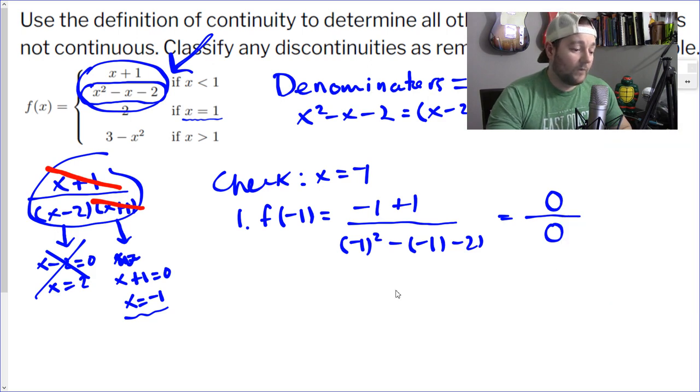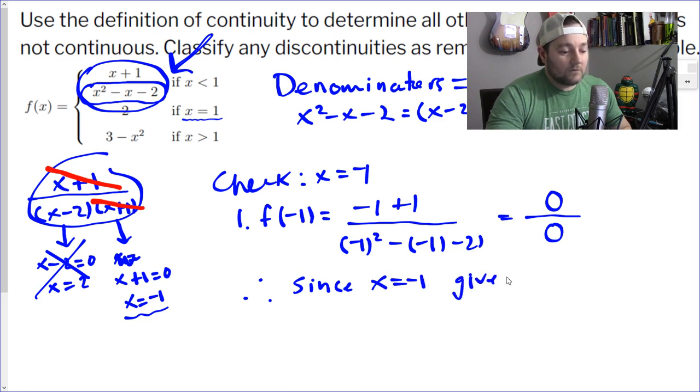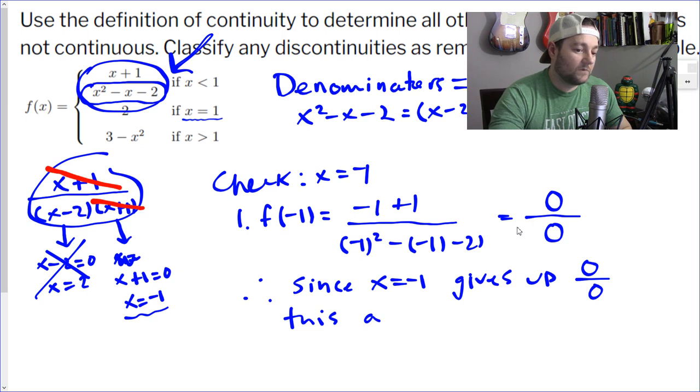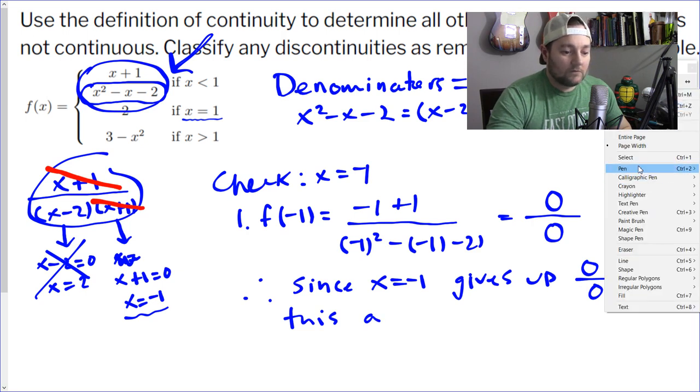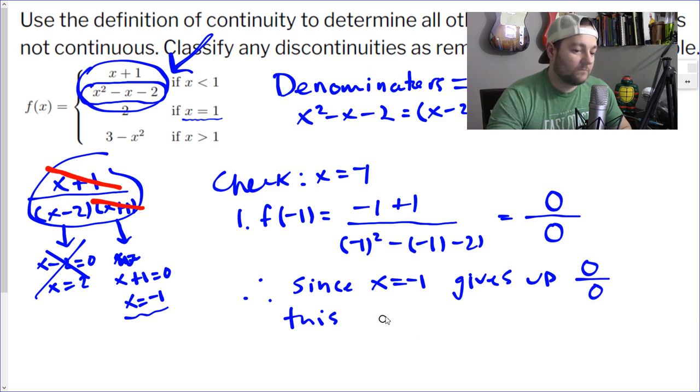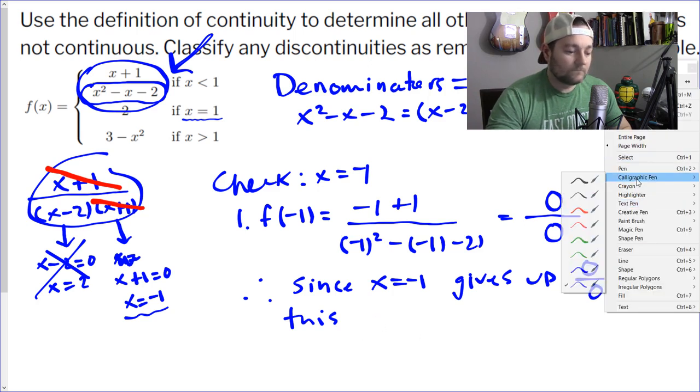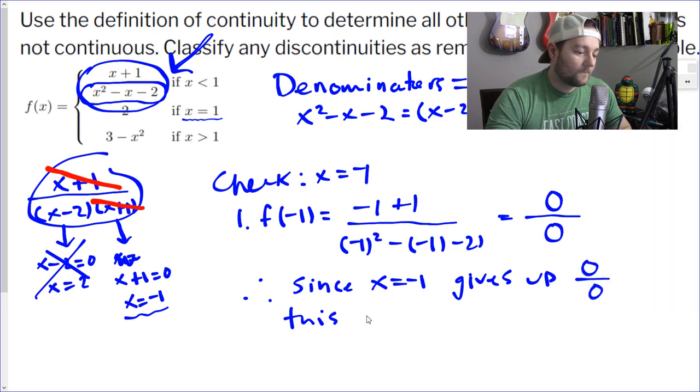So we can write, therefore, since x equals -1 gives us 0 over 0, this is a removable discontinuity.